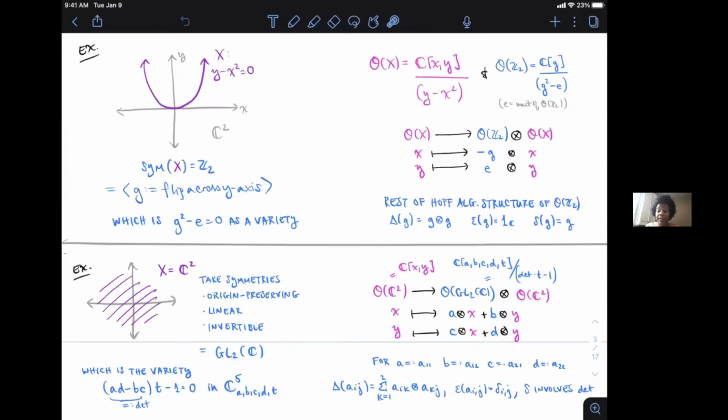Now, algebraically, how does this translate over? Well, the coordinate algebra of complex 2 space is the polynomial ring in 2 variables, the polynomial ring in the coordinates x and y. The coordinate algebra of GL2C is the polynomial ring in the coordinates like so, but we force the determinant to be invertible.